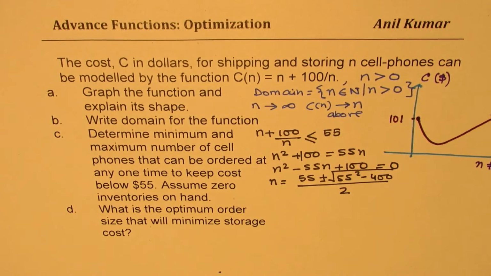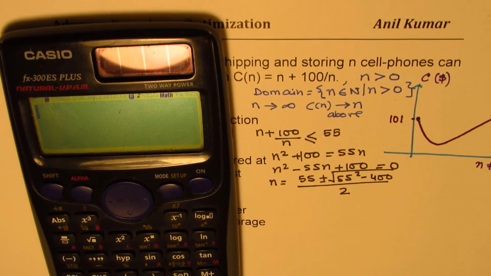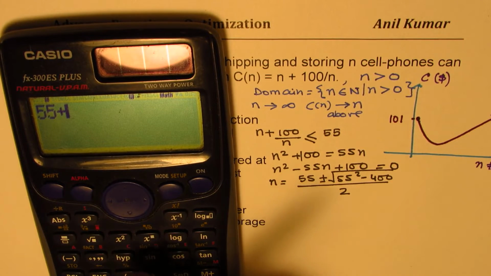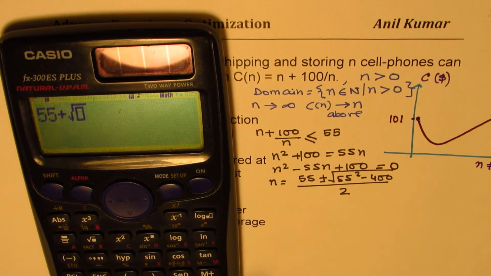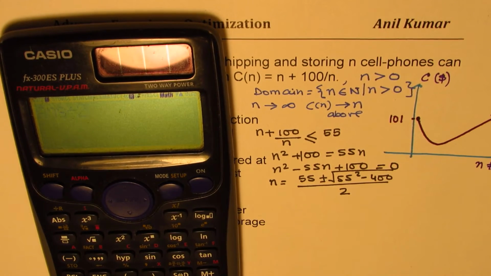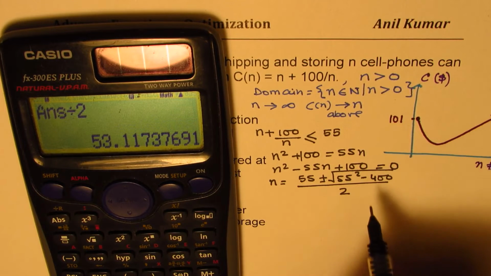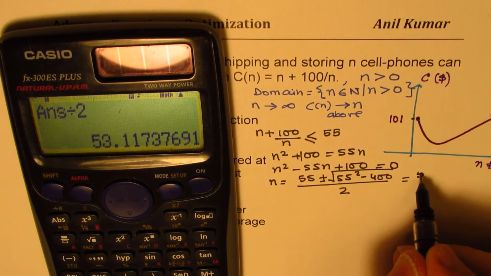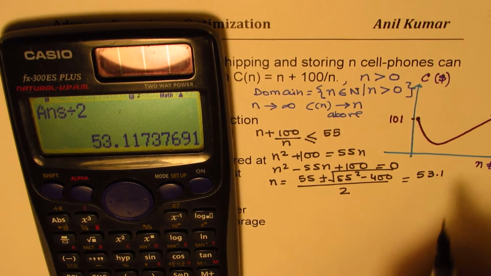So let's calculate this value. We'll take the positive square root of 55 square minus 400, and we're going to divide this by 2, and the decimal value here is 53.1, right?